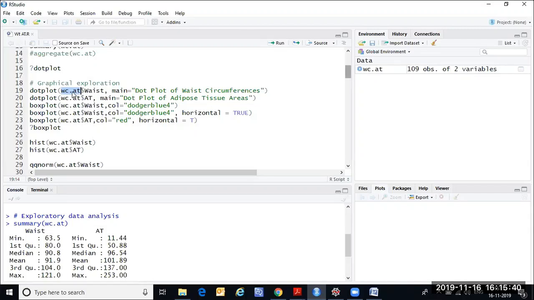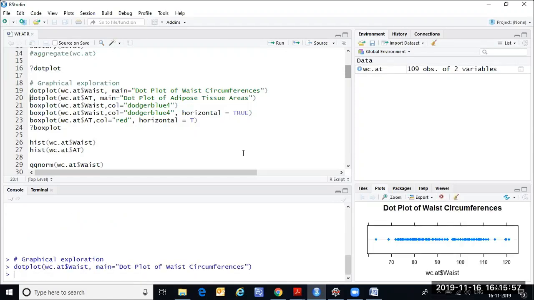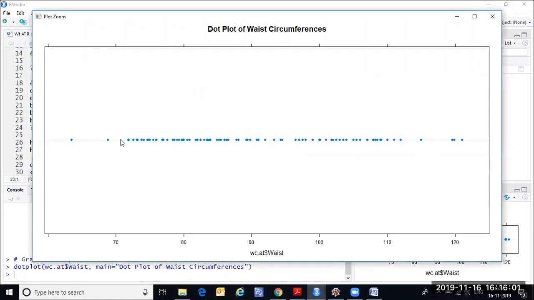I'm referring to the data frame name dollar column waist, main equal to, a heading that we would like to give. So, the dot plot for the X variable, the waist circumference value. If you just look at the dot plot, this is how it looks.